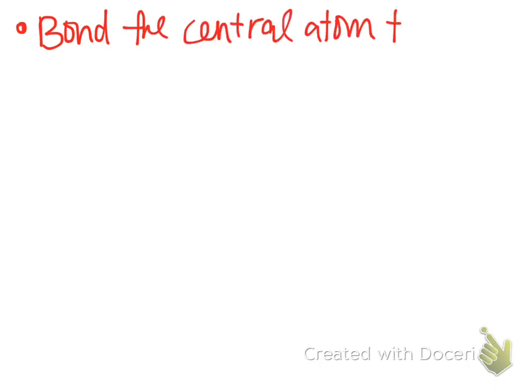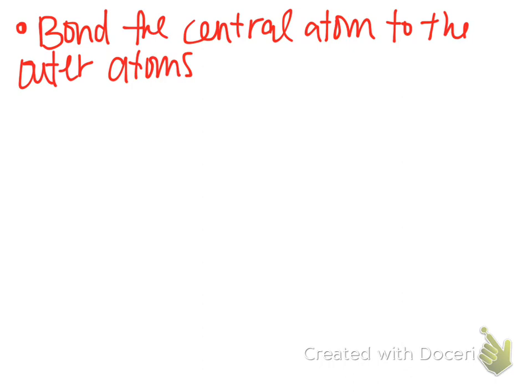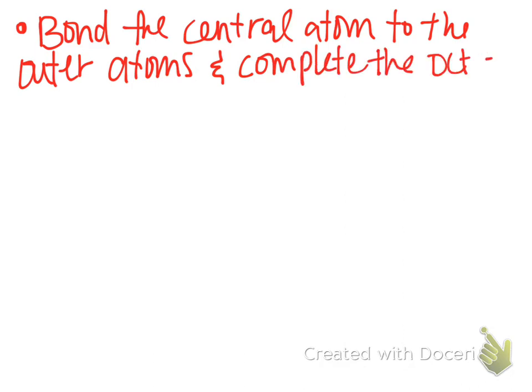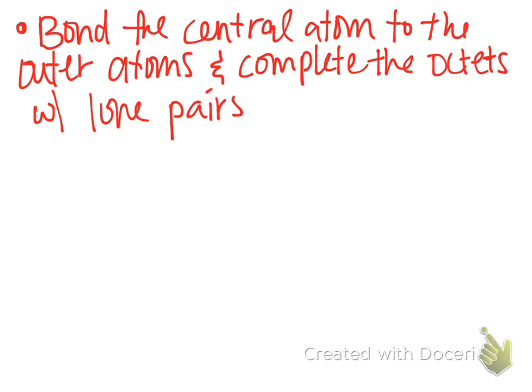Third step is to bond the central atom to the outer atoms, and complete the octets with lone pairs.